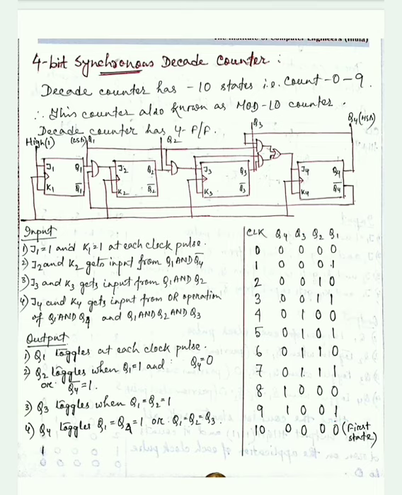So here we see that when we get the 9 value, in order to get all the flip-flop values to 0, you see here Q3 and Q2 are already 0 in the 9 state. Mind it very carefully. These two values are 0 already in the 9 state.